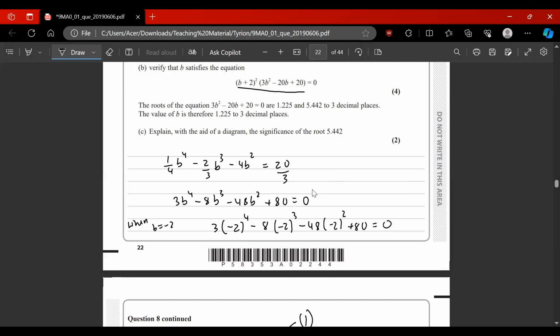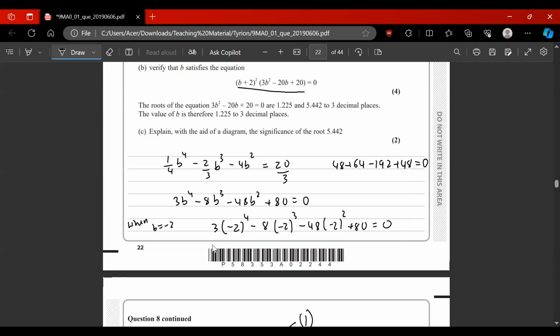The values here would be 48 plus 64 minus 192 plus 80. If you check this, it is going to be equal to 0. What this means is that b plus 2 is in fact one of the factors of the expression.